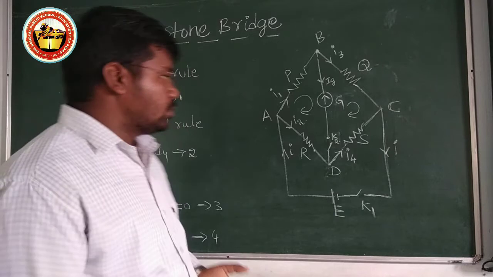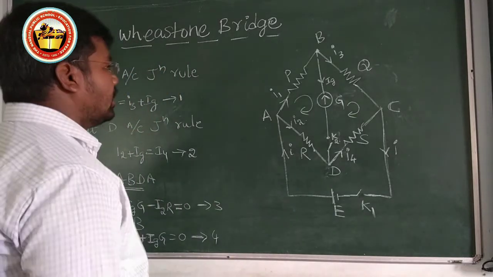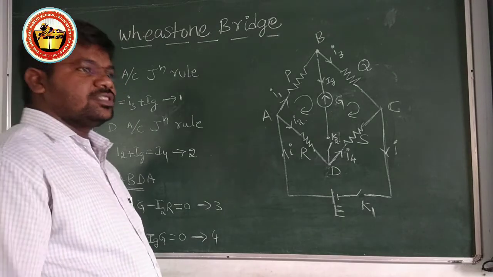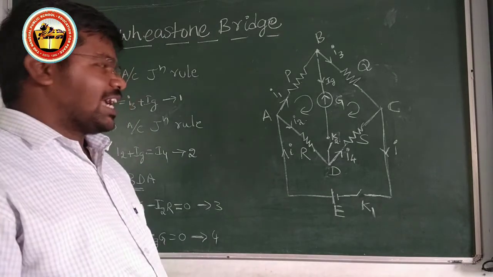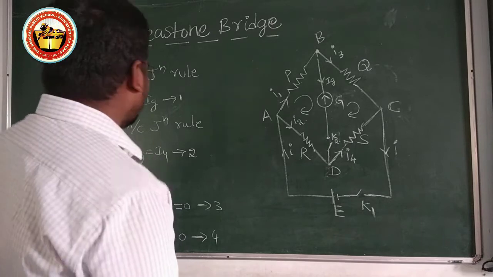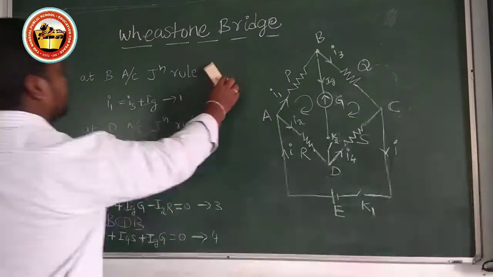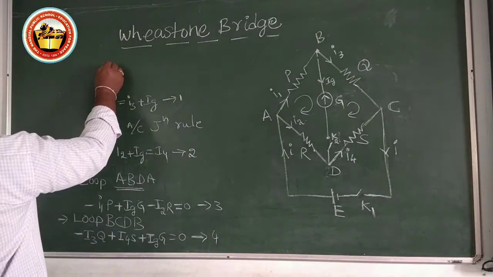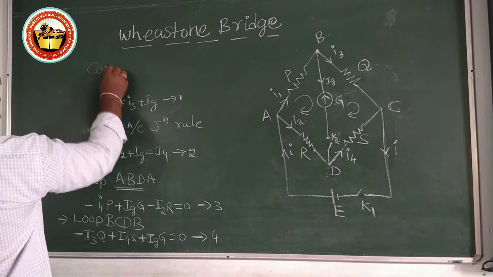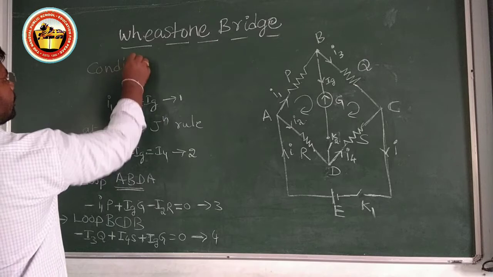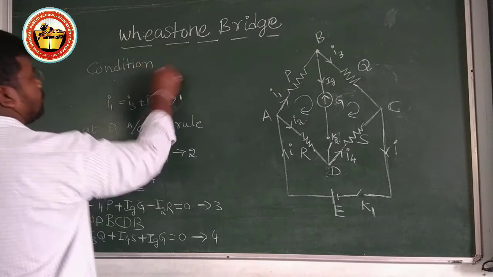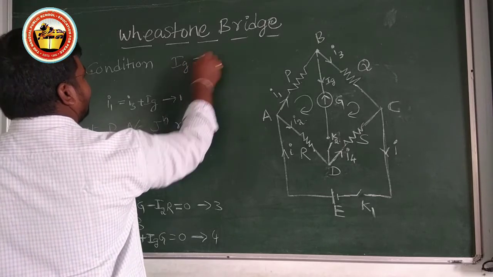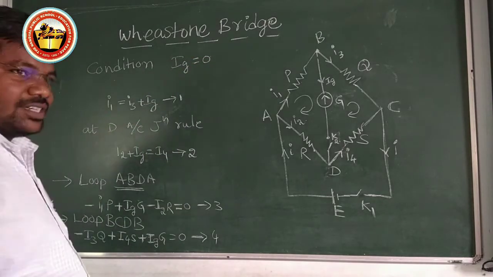According to the balanced condition of the Wheatstone bridge, Ig is equal to 0, the current passing through the galvanometer is 0.